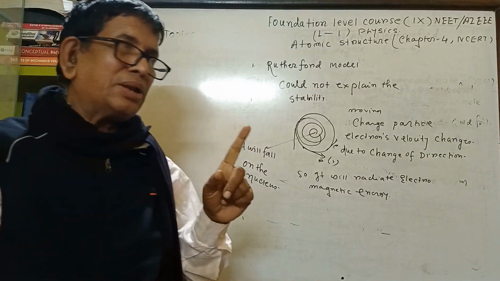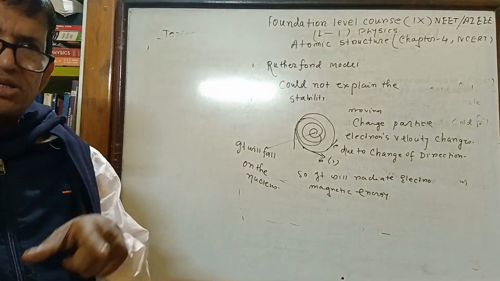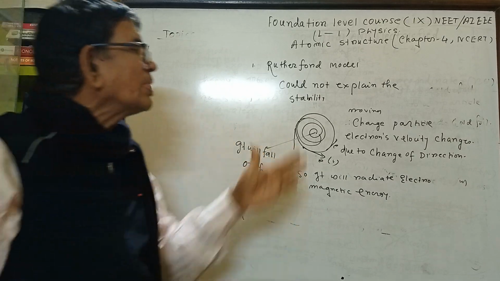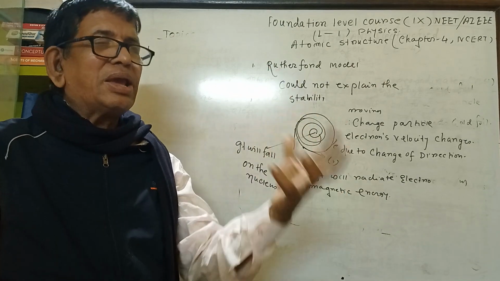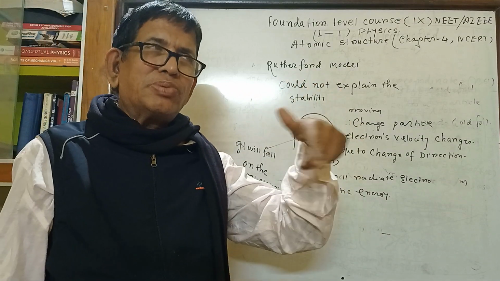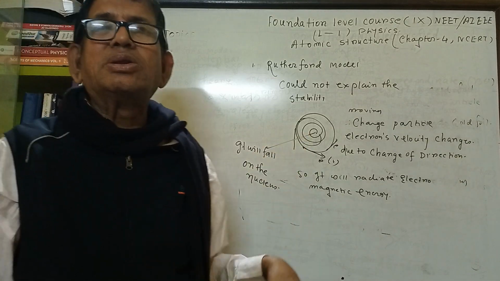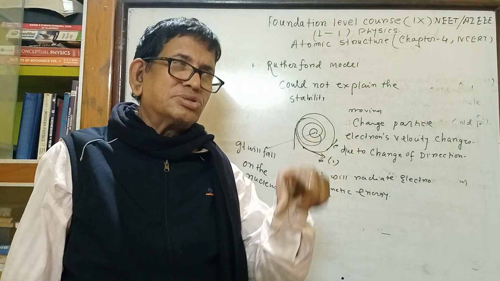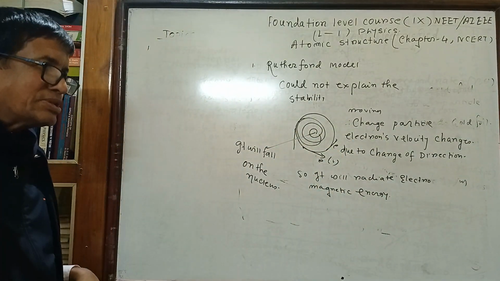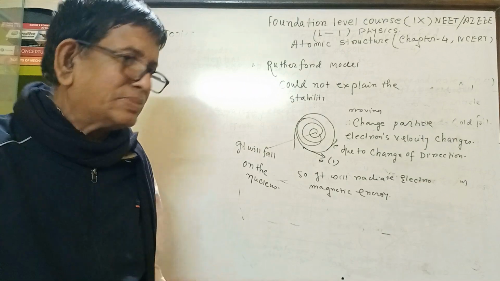The electron revolving in a circular path has a velocity direction that changes at every moment, which means there is acceleration, and an accelerated charged particle always radiates electromagnetic energy. So with passage of time the revolving electron will lose energy, becoming weaker, and due to the continuous electrostatic pull by the nucleus, the electron will fall on the nucleus in a spiral path. So accepting the Rutherford model, we failed to explain the stability of the atom. So this model was rejected.